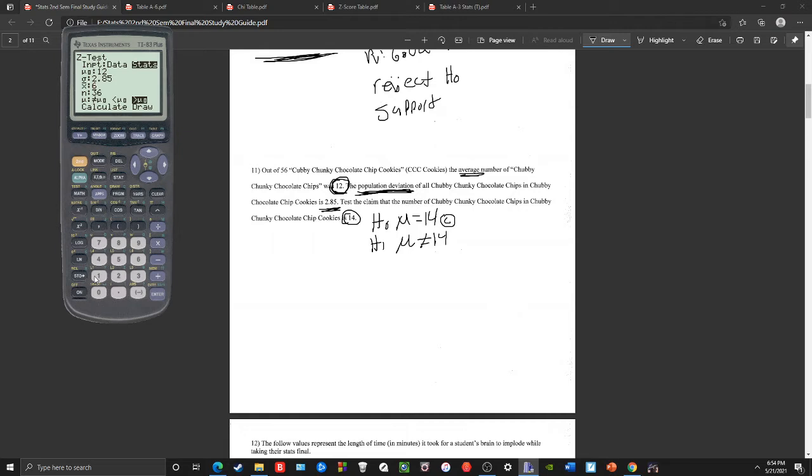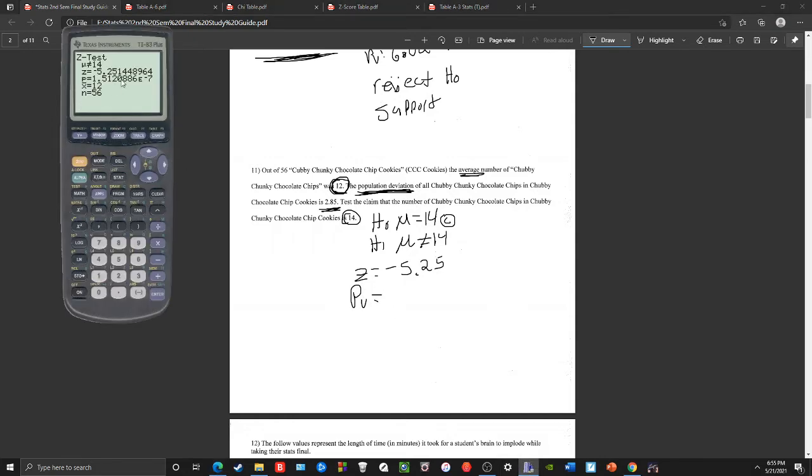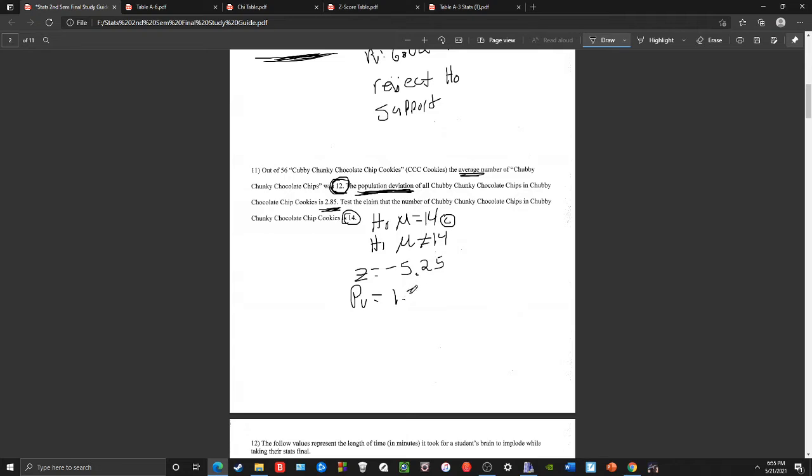Sorry, my bad. This is supposed to be 14. 14 is our claimed average. The average we got was 12, and we had 56 cookies that we tested, and where alternative is not equal to, boom, z-score is negative 5.25. And my p-value is 1.51 times 10 to the negative 7.